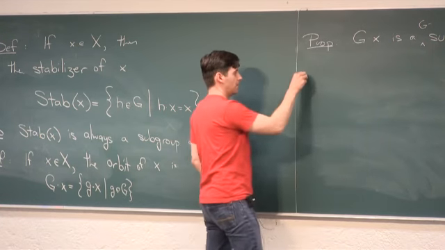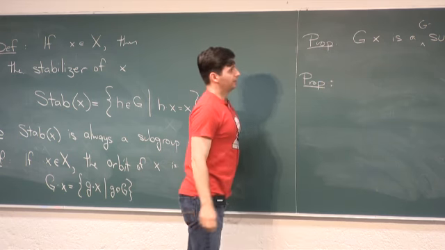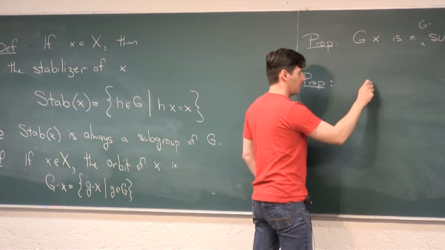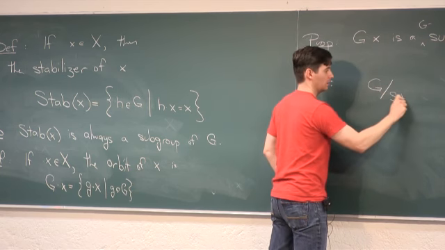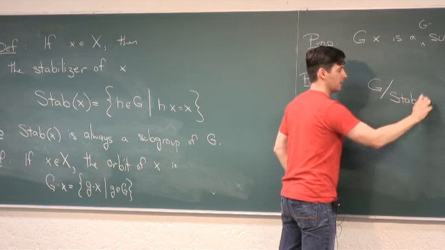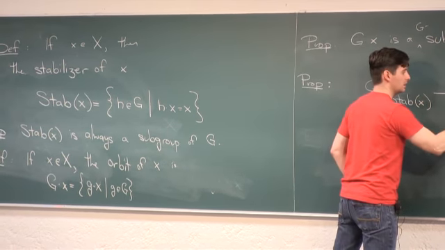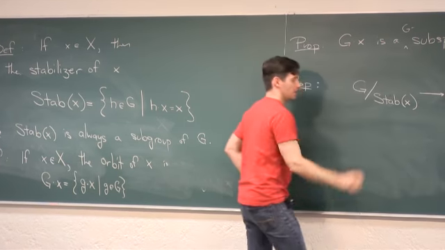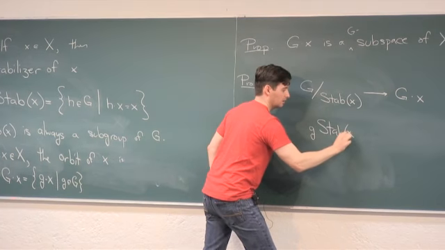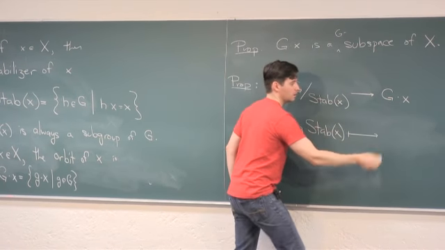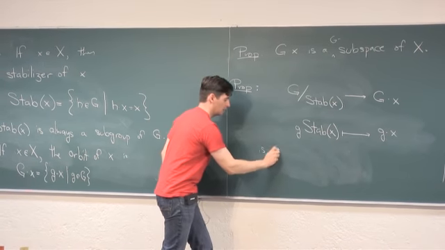So the more interesting proposition is the following one. The map that sends G modulo the stabilizer subgroup of x, so the cosets, to G times x, that sends a coset, G stab x, to G times x, is an isomorphism.